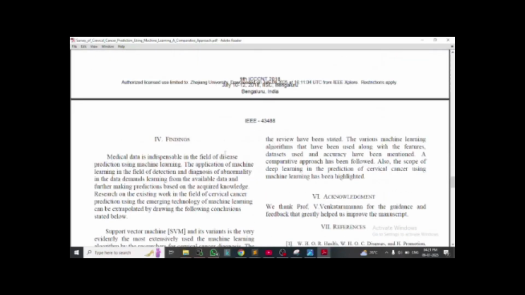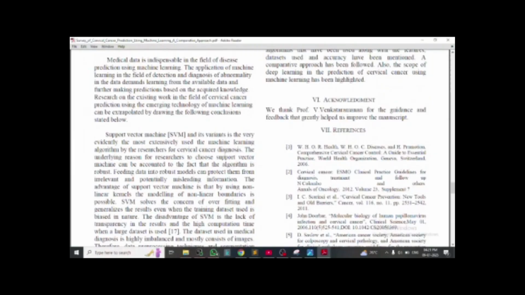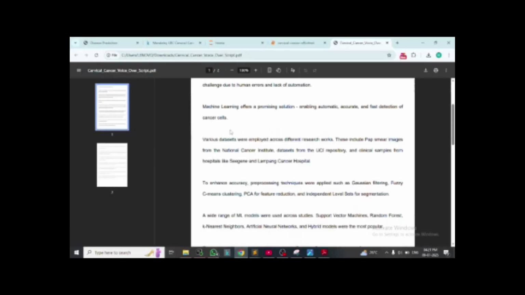This research paper contains a table comparing the various surveyed approaches like this. By taking these two research papers, I'm going to tell you briefly some important points.